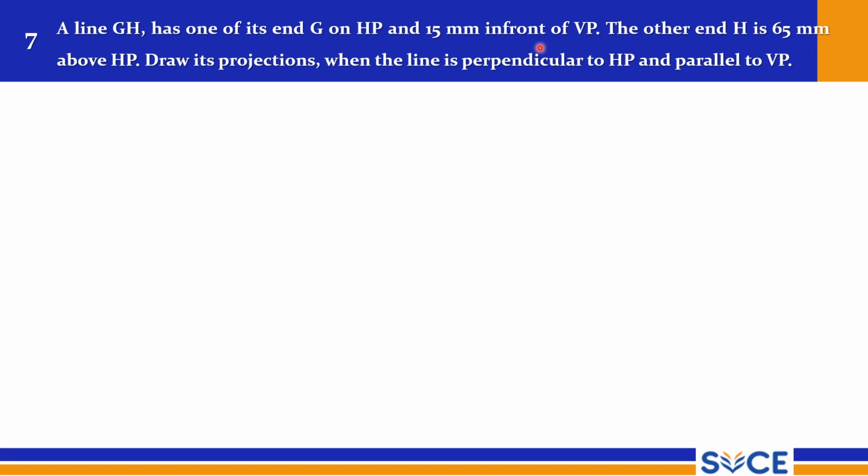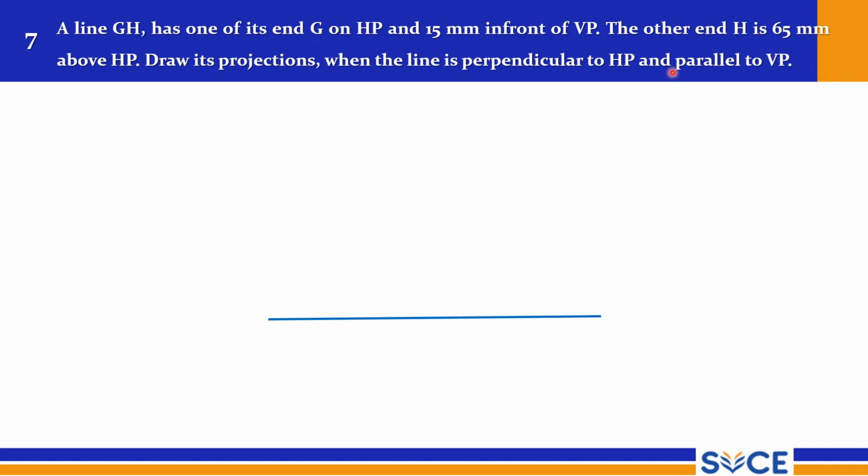So it is also similar to the earlier problem. The only difference is that G is on HP, but G is in front of VP by 15 mm. It is at this distance. The other end H is 65 mm above HP. It means that G is on HP and H is 65 mm above HP.